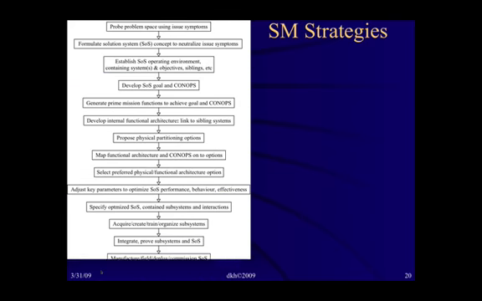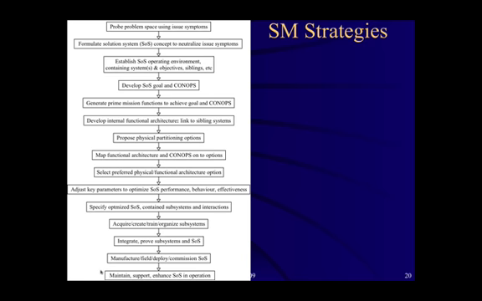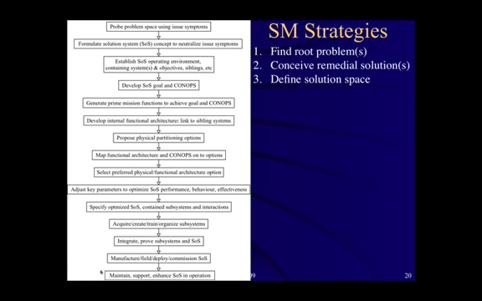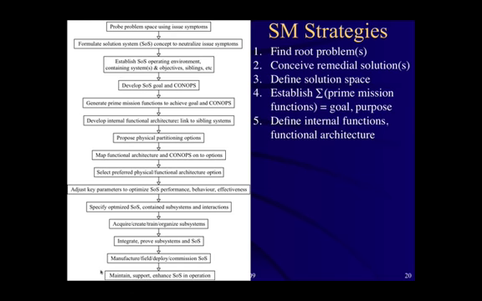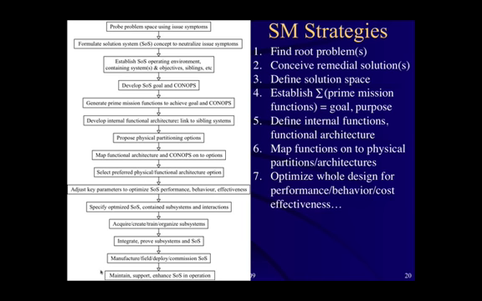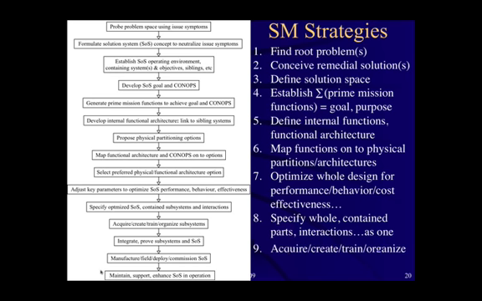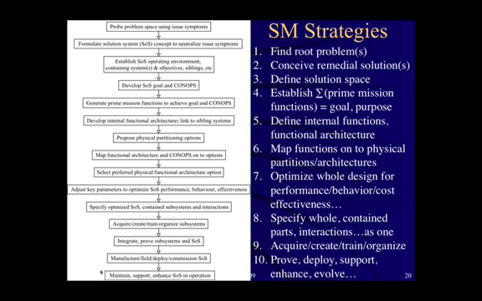If we now look through top to bottom, we can put all the strategies that we've employed here within the systems methodology together. Find the root problem, conceive remedial solutions, define the solution space, establish the prime mission functions, define internal functions, functional architectures, map functional onto physical, optimize the whole design, specify the whole contained parts interactions as one, acquire, create, train and organize, prove, deploy, support, enhance, evolve, and of course eventually decommission.